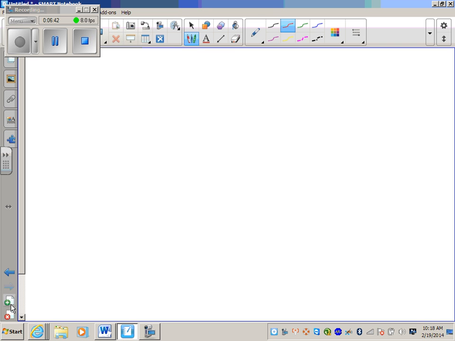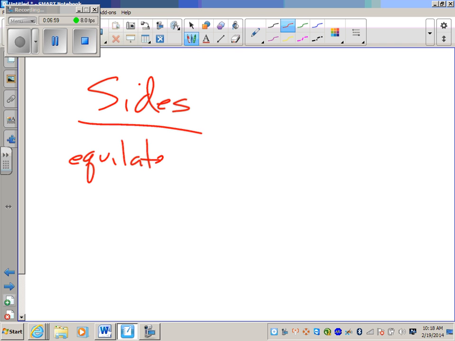The other way in which we classify triangles is by its sides. The first way is by its angles. The second way is by its sides. We call the equilateral triangle three congruent sides, so all three sides are the same measurement.